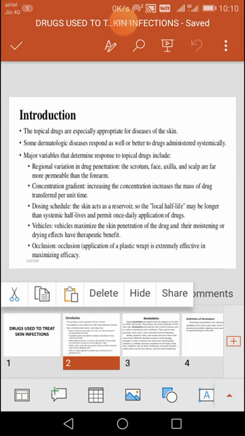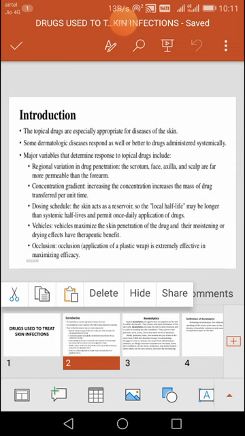Other variables that determine the response of topical drugs include these result variations in the drug penetration. The scrotum, face, axilla or scalp are far better permeable than the forearm. So these are the areas where the drug is quickly penetrating into the body than the forearm.